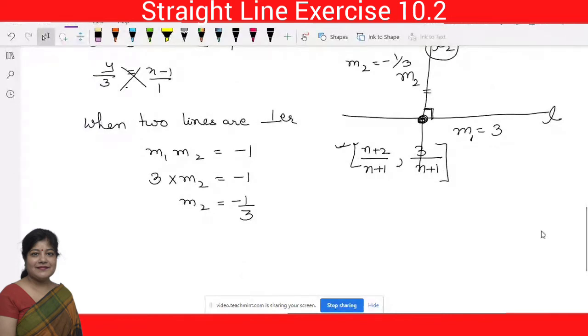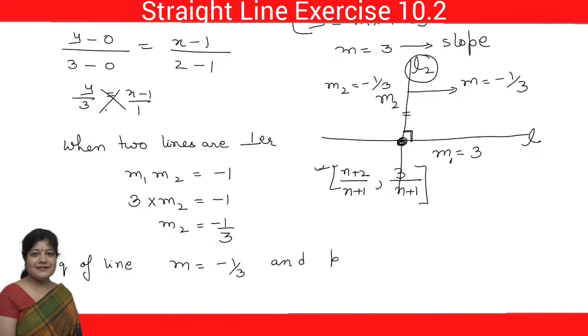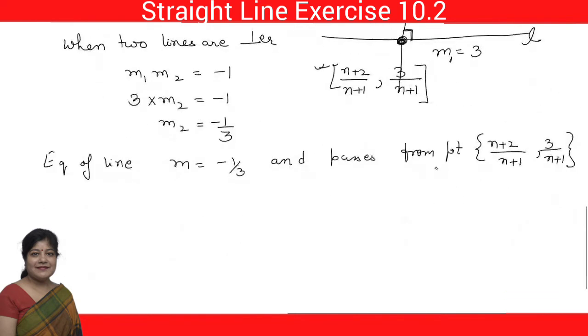And it has the slope minus 1 by 3. So now the equation of the line having slope minus 1 by 3 and passing through the point ((n plus 2) by (n plus 1), 3 by (n plus 1)) is y minus y1 equals m times (x minus x1).